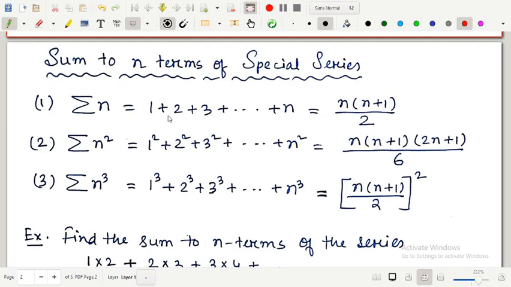You will get the proof very clearly. Especially I will recommend the NCERT book of class 11. You will get this proof very nicely done. You may also refer to advanced mathematics of class 9 and 10. You will get this sum there in the chapter on sequence and series.